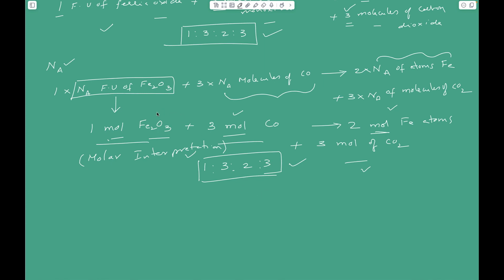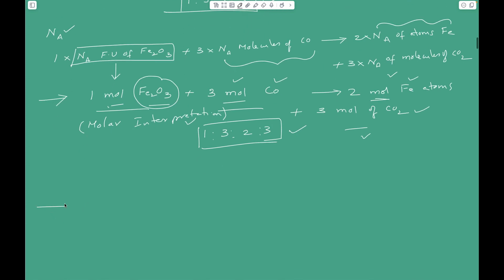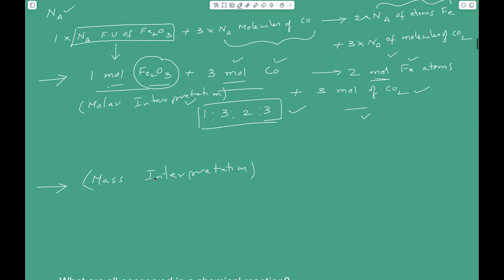You know how to figure out the mass of 1 mole of ferric oxide, and you can do that for every other substance in this reaction. So once you have the molar interpretation, you know how to convert that interpretation into masses, which is called mass interpretation.